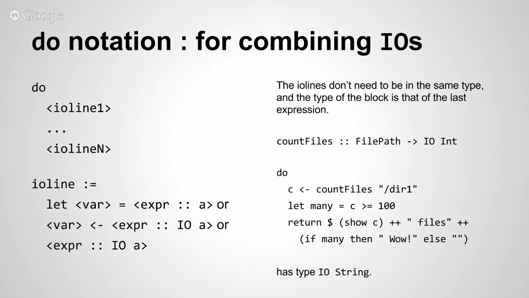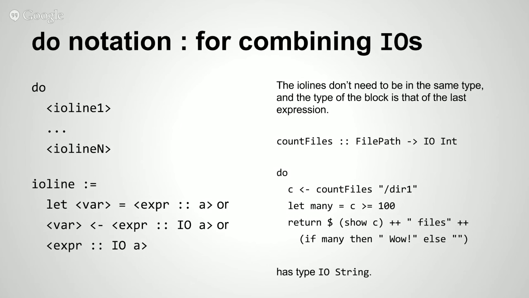We bind that to c, get an Int. Then we're doing a stateless computation where we let many, which is a Bool, be true if c is greater than 100. And then we're returning this string that says, say, 79 files. And if you have a lot of files, then it also says wow. And the type of the whole block is IO String, because that's the last thing that's returned.